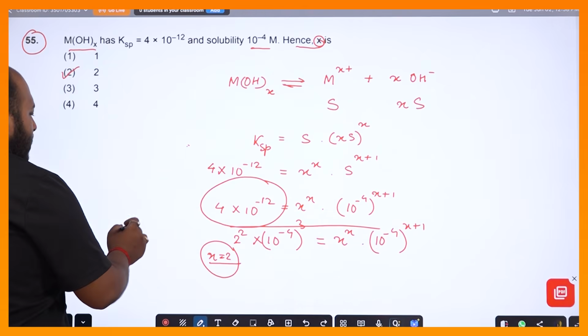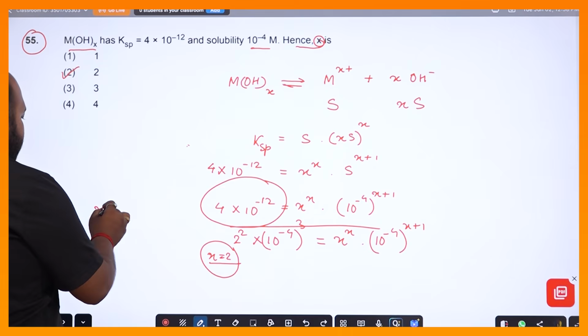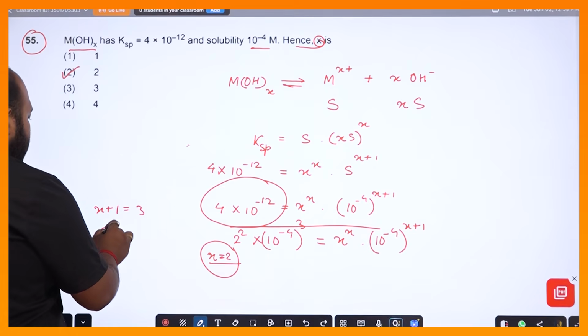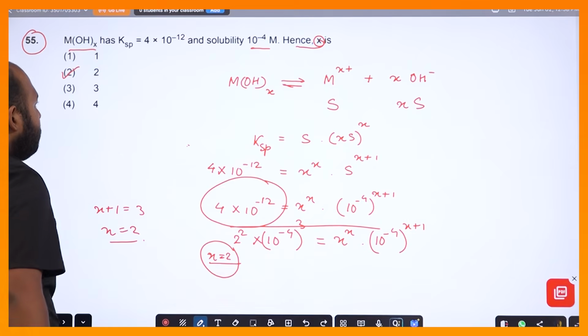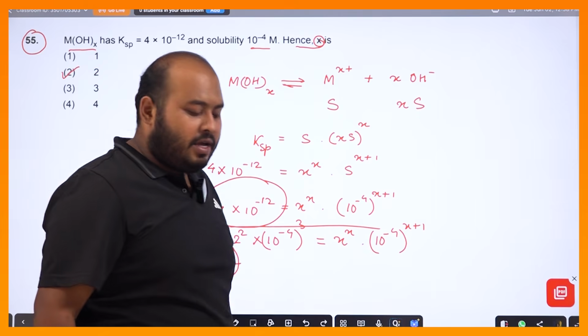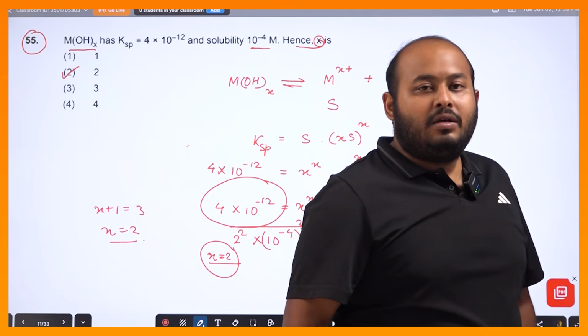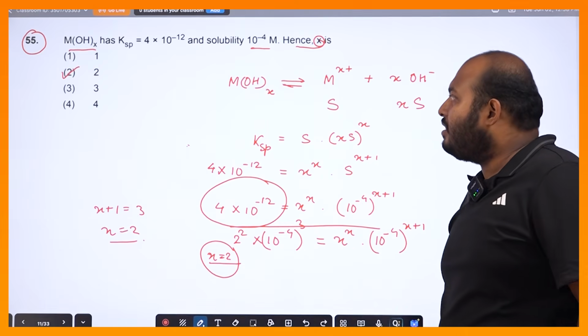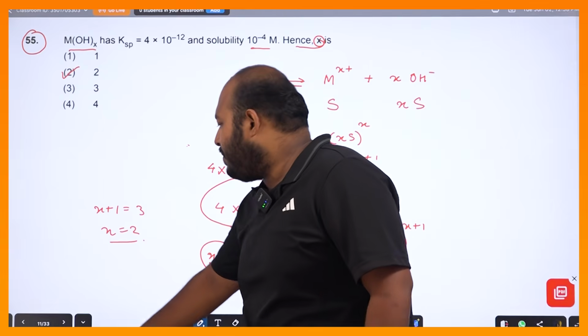So you can see x equals 2, also x plus 1 equals 3. It is only the x equals 2 value which is going with this equation if we compare.